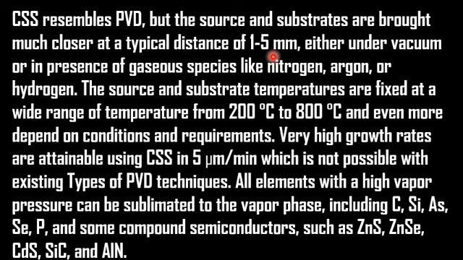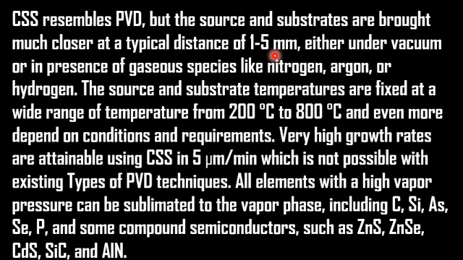So this is the first distinguishing feature of the closed space sublimation process: the precursor material which we want to deposit is brought close to the substrate on which we will deposit the thin film. The distance between the source material or sample holder and the substrate is around 1 to 5 millimeters.